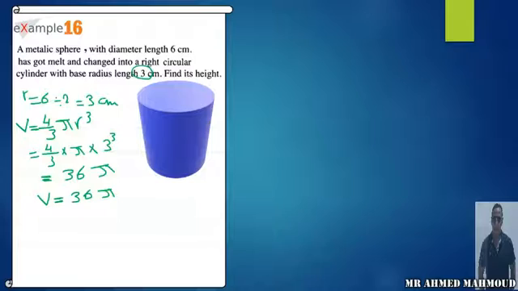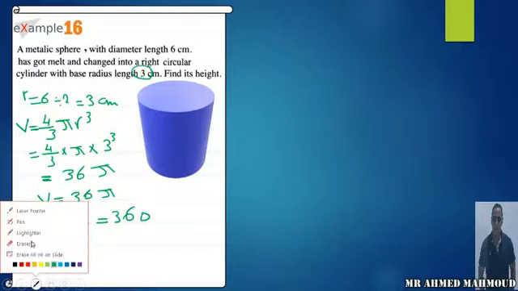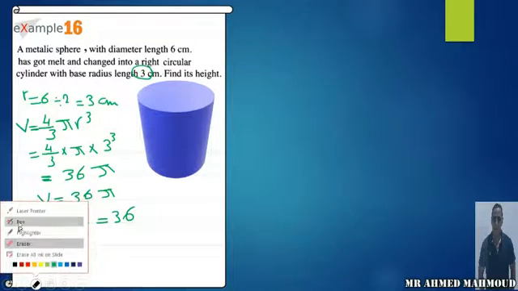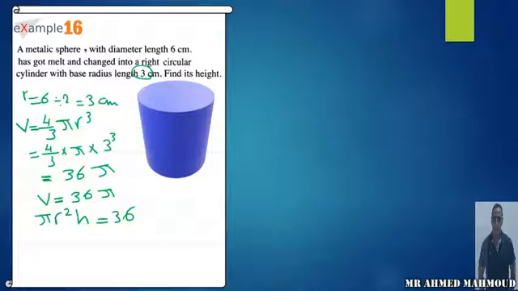I will replace V by the rule of the cylinder, which is pi r squared times height equals 36 pi.